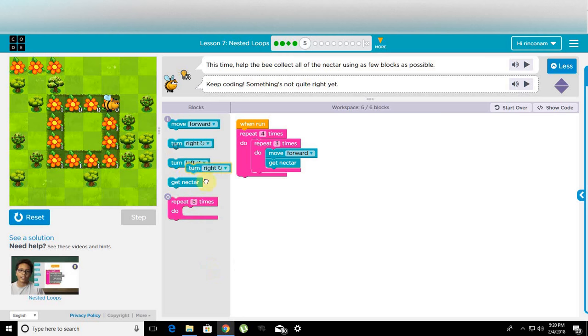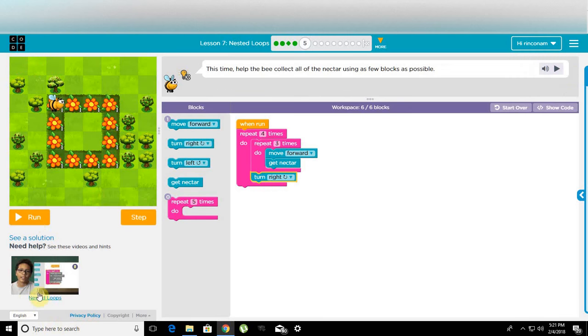So now the trickiest part of this whole puzzle is, where do we put this turn right? Will it go inside, after we get each nectar? Do we want to turn right? Or after collecting the nectar from 3 flowers, 1, 2, 3, do we want to turn right to make sure we're facing the proper direction? So let's reset this and run it.